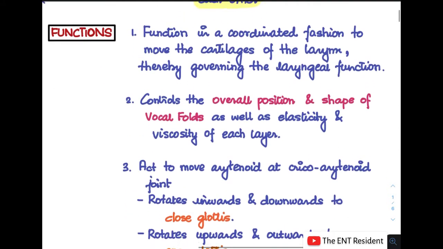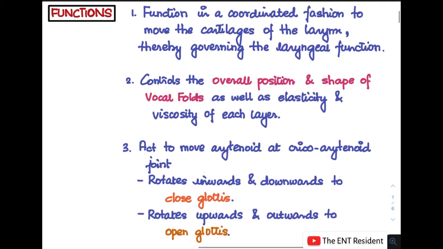Now, what are the functions of these intrinsic muscles? Number one, they function in a coordinated fashion to move the cartilages of the larynx, therefore helping in governing the laryngeal function. Secondly, they control the overall position and the shape of the vocal folds as well as elasticity and viscosity of each layer.